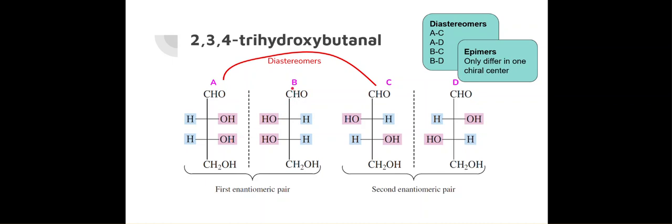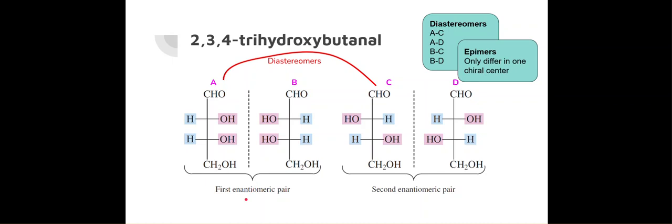B has both hydroxy groups on the left. C has the top one on the left and the bottom one on the right, and D is the opposite of that: the top on the right and the bottom on the left. So there are 4 possible orientations of this molecule in the Fisher formation that we've drawn.